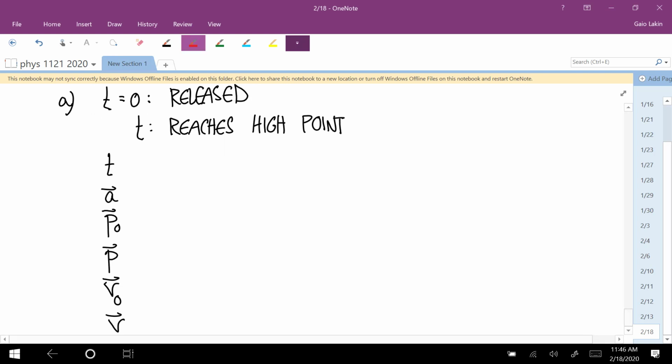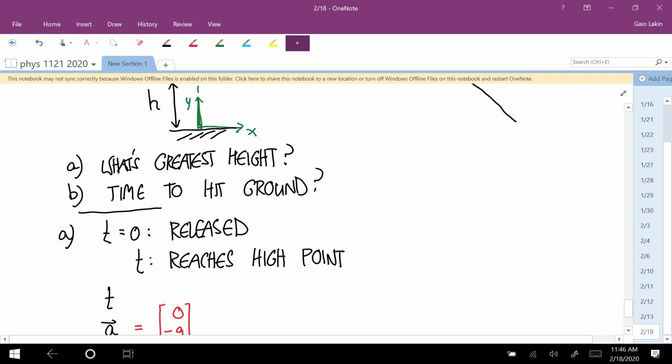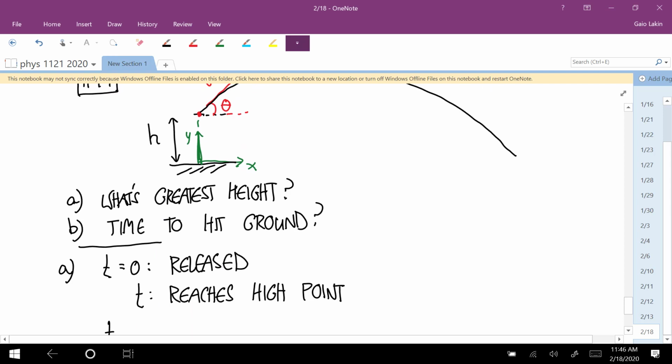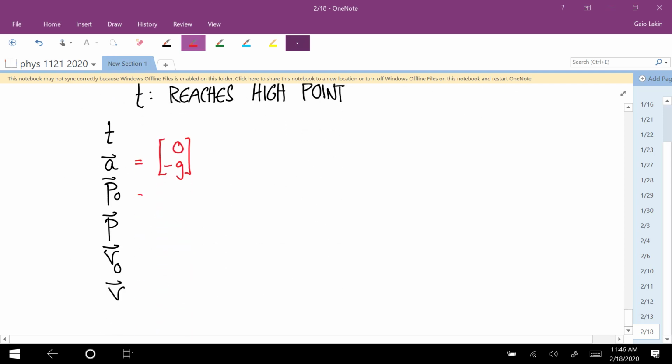We don't know t. We know that the acceleration is 0, and it says instead of using negative 9.81 meters per second squared, to use negative g, you know. So this is going to be 0, negative g. At time 0, the position is 0 x, positive h for y. For the position at time t, we don't know the x position, we're trying to find the y position.